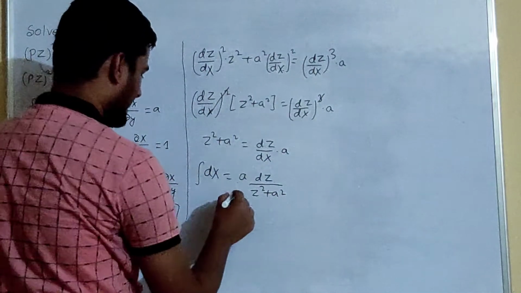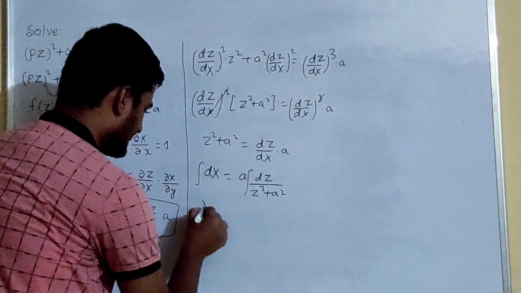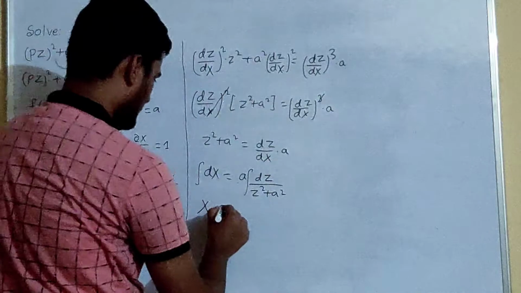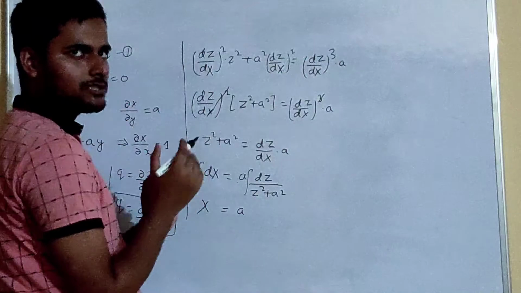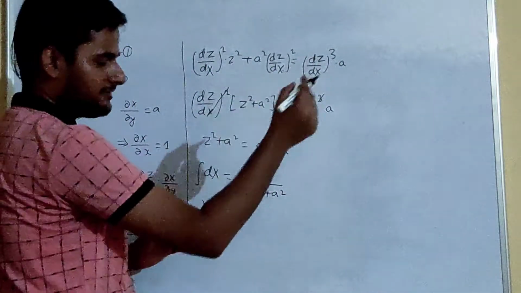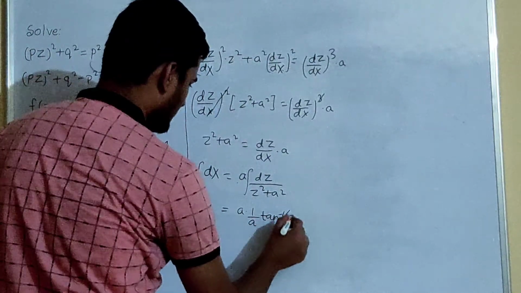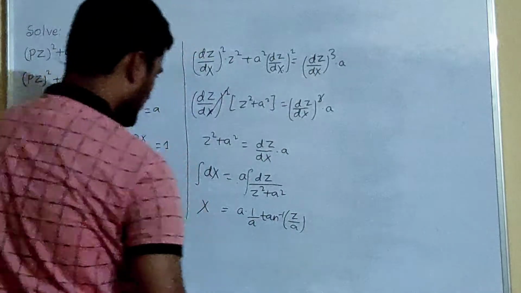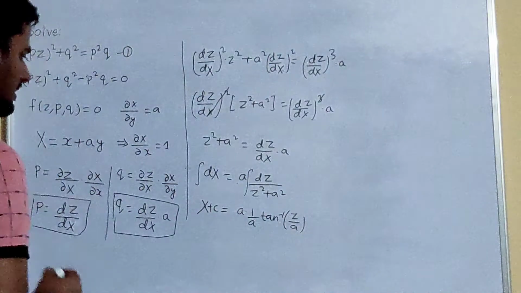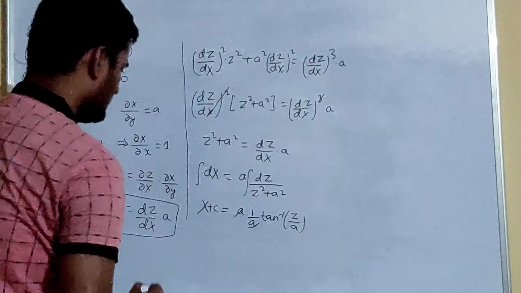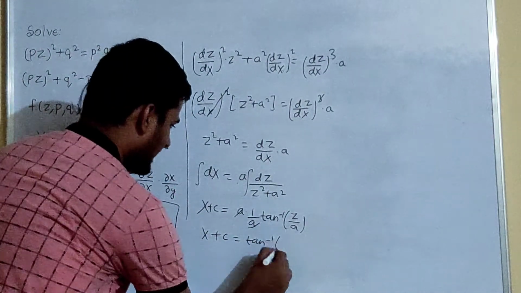If I integrate both sides, integration of dX is X, equals a times integration of 1 upon z square plus a square, which came out to be 1 by a tan inverse z by a. Constant of integration I am writing on the left side. The a and a get cancelled, so X plus c is tan inverse z by a.